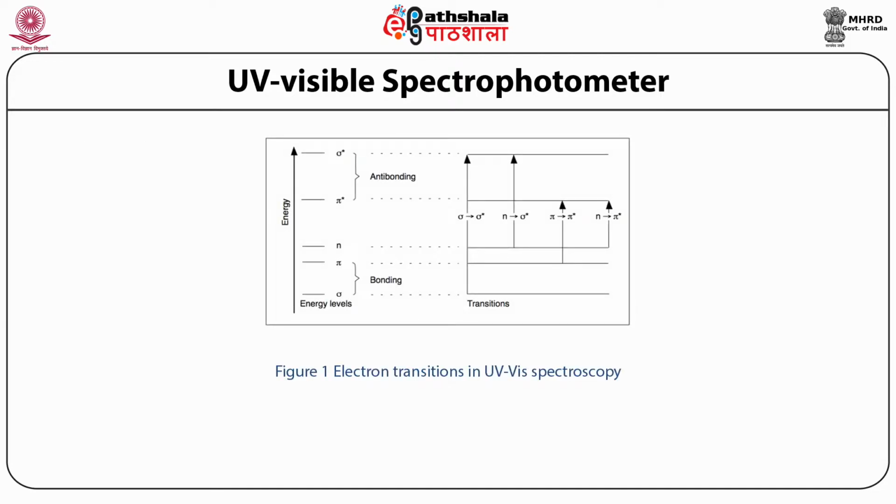So here, the optical properties of any prepared thin film were determined using a double beam UV visible spectrophotometer. That is, here a model Lambda 35 of Perkin-Elmer is shown, over a wavelength range of 190 to 1100 nanometer.